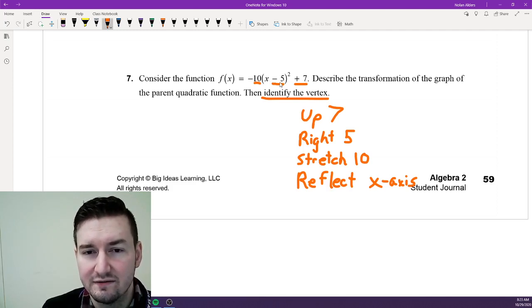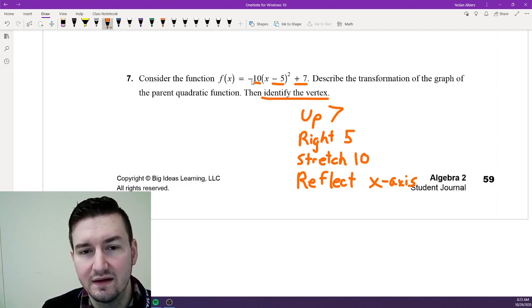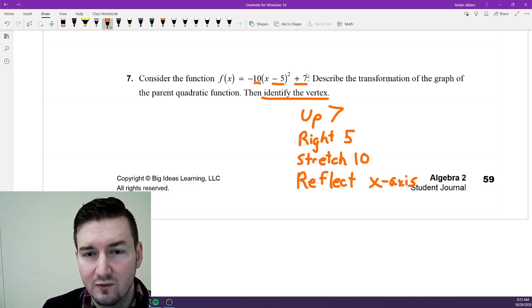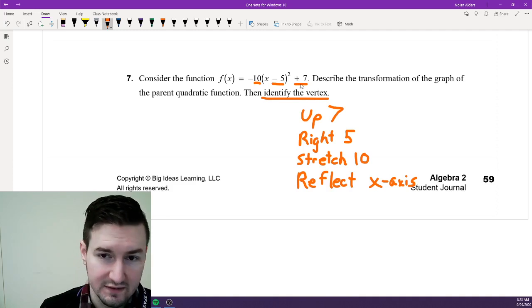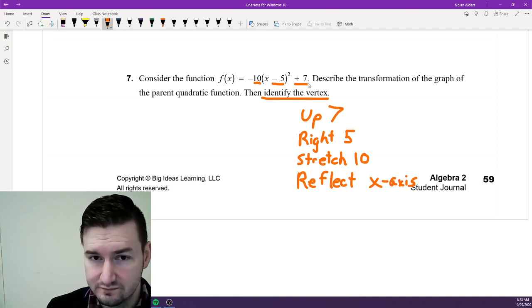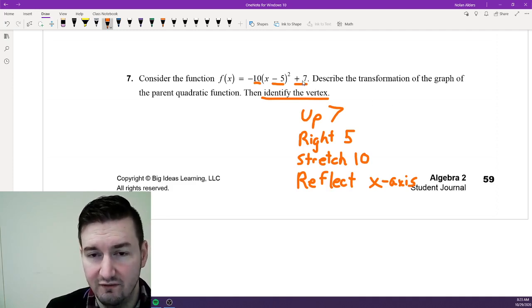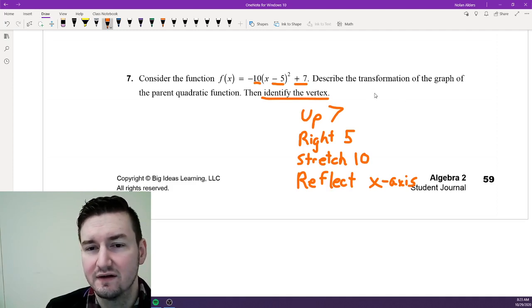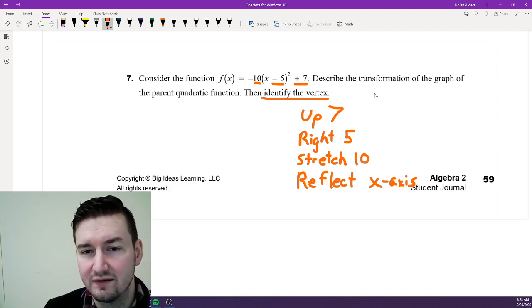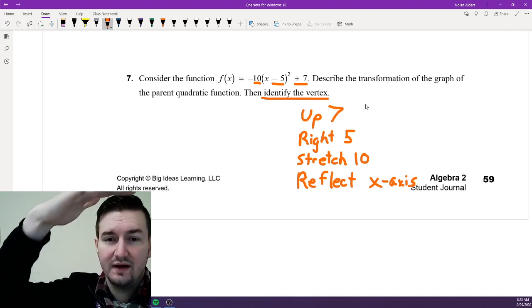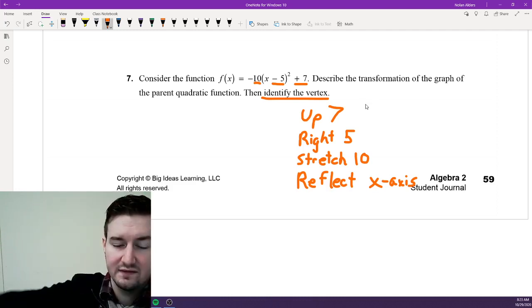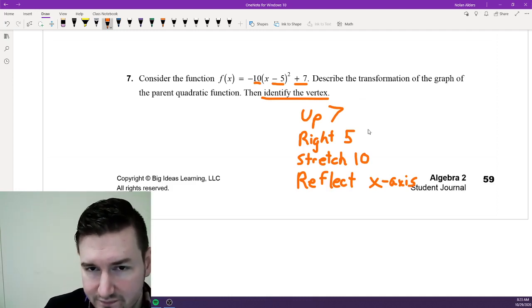So we're going to have it at 5, 7, but then it gets reflected in the y direction. So that means that our y coordinate is going to get reflected or flipped. So we'll have a negative 7 because it'll look like it actually went down 7 because it was up above, but then it gets reflected across that x-axis down below.